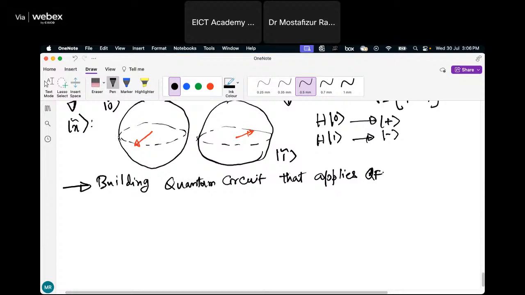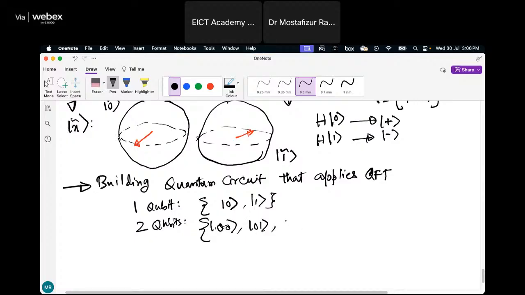Okay. If it is 1 qubit, we have seen that the computational basis states are ket 0 and ket 1. If it is 2 qubits, the computational basis states are 00, 01, 10, 11.